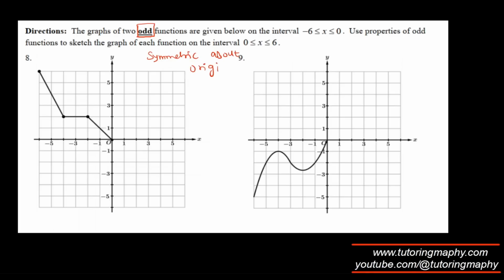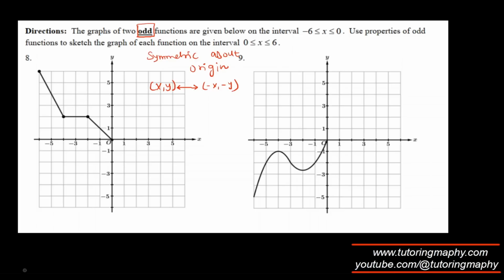What does that mean? Symmetric about origin. What do I mean by that? It means that if x comma y is a point on the function, then negative x, negative y is also a point on the function, right? That's what symmetric about origin means.